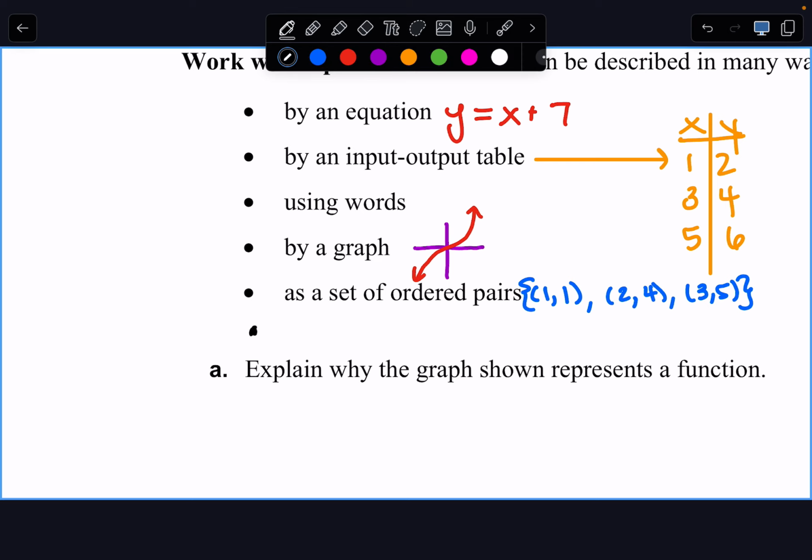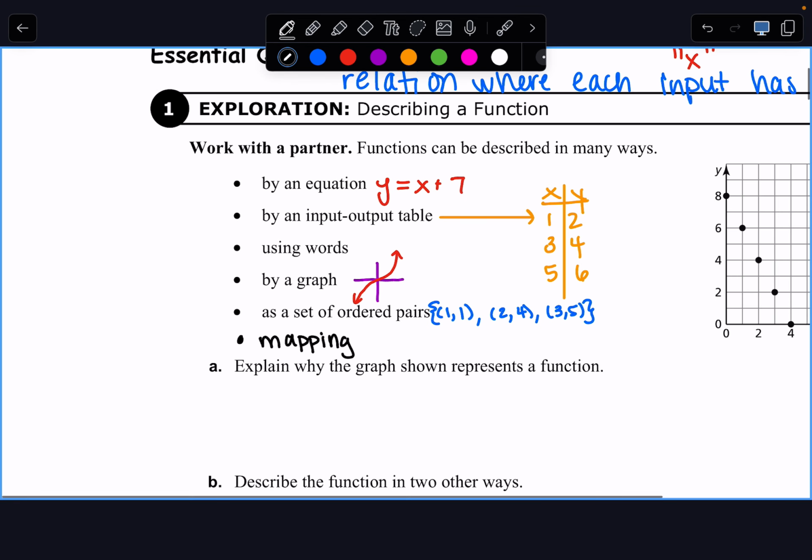Okay, and I'm going to add one in here that they don't have, and I'm going to call it a mapping. What the heck is a mapping? I'm going to draw you one.